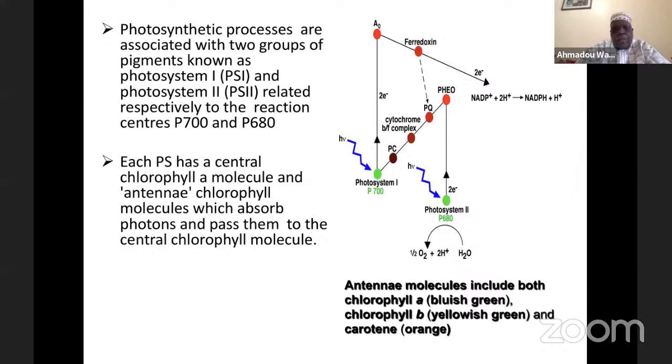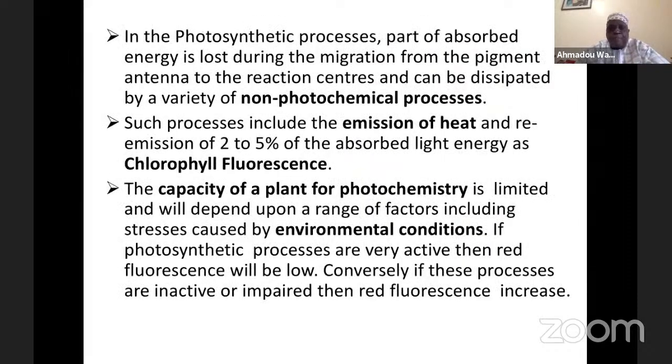We'll see later why these reaction centers are important in the characterization of plants. Now, in the process, part of the energy is lost during the migration from the pigment antenna to the reaction center. I cannot see my slide correctly.